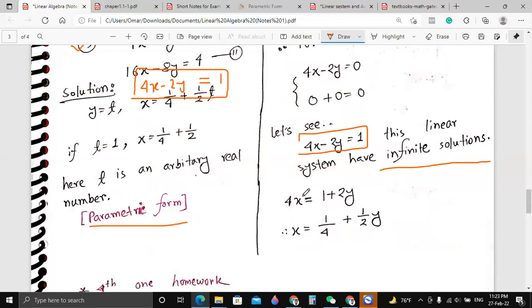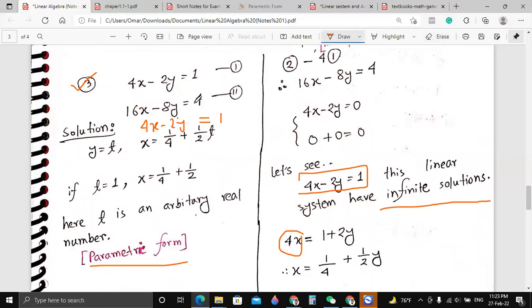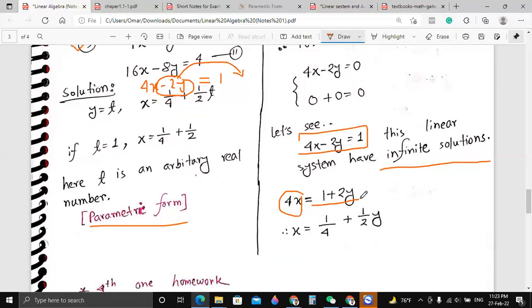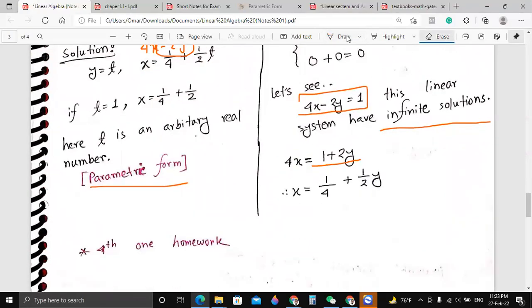So now if I keep 4x on the left side and everything else on the right side, I take this 2y to the right side. So it will become plus. So 4x equals 1 plus 2y. And now I take this 4 to the right side. This 4 was multiplied, so if I take it to the right side, it will be divided. So 1 plus 2y divided by 4. Now, according to the division rule, I can write it this way: 1 by 4 plus 2y by 4, okay?